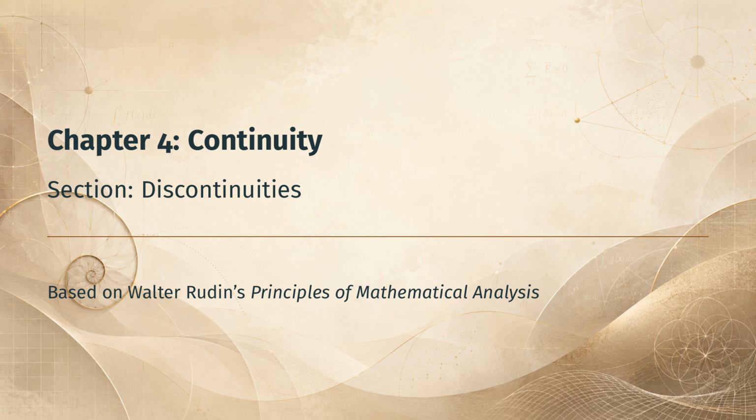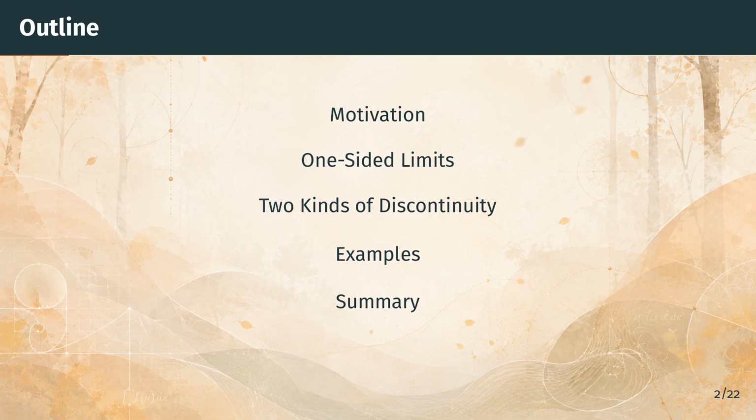It turns out that not all discontinuities are alike. We will introduce one-sided limits, use them to sort discontinuities into two clean categories, and then walk through 4 carefully chosen examples that show how wild a discontinuity can get. Let's begin. Here is the plan. We start with motivation. Why we bother classifying discontinuities at all.